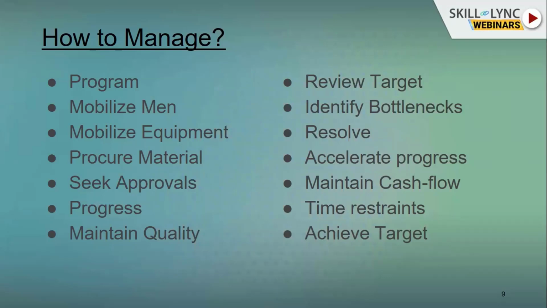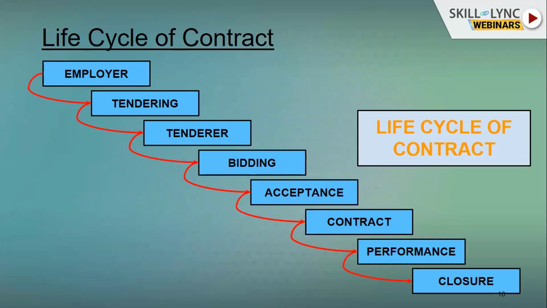Actually, I have mentioned it in a vast way. So now, the life cycle of a contract. As I have mentioned, it starts with the employer. The employer issues the tendering.